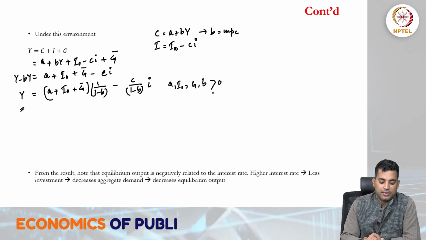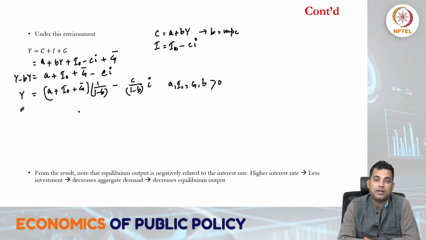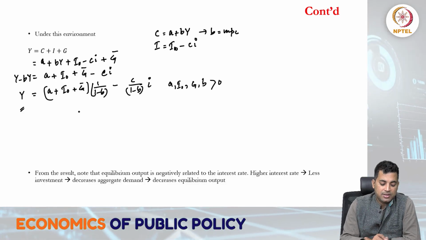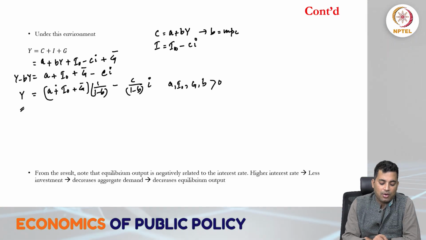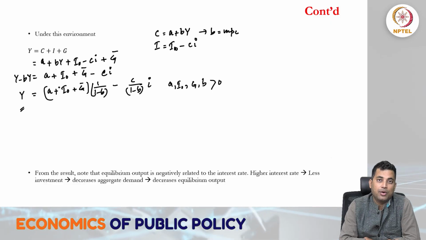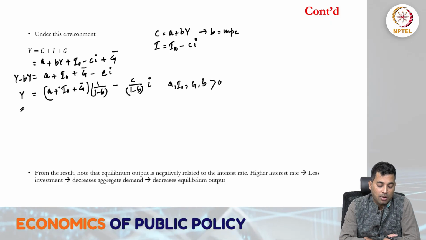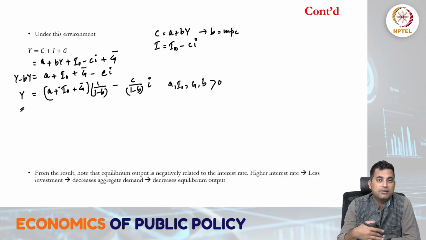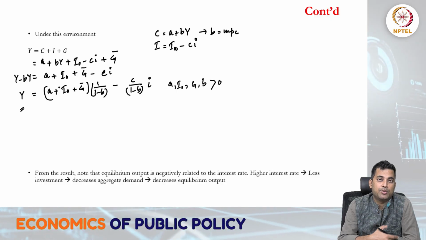If all are positive, the first component on the right hand side is positive, and therefore once these autonomous components increase, total output will increase.